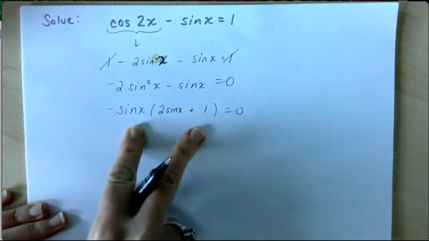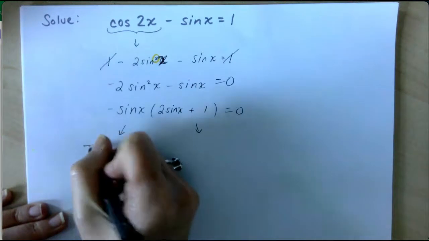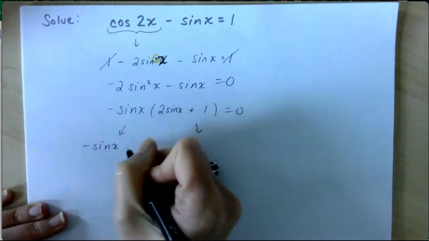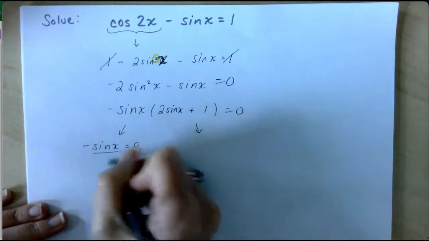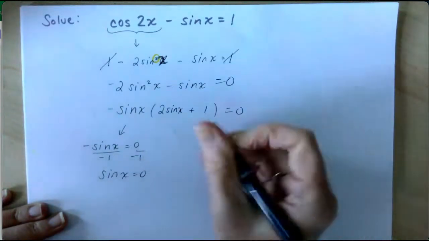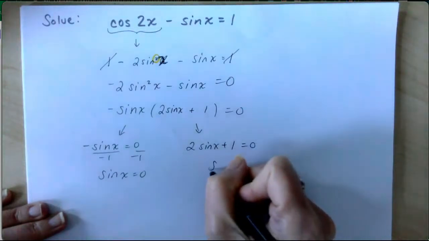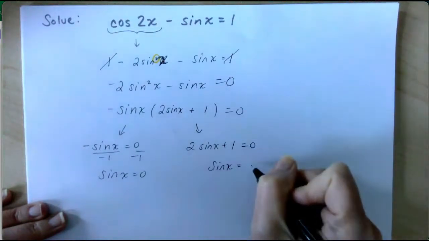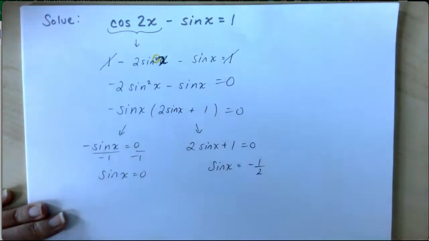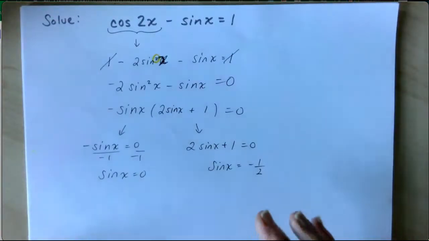So we're completely factored. Set each factor equal to 0. So negative sine x equals 0. Divide by negative 1, we get sine x equals 0. If 2 sine x plus 1 equals 0, then sine x equals negative 1/2. So two factors yield two different general solutions.